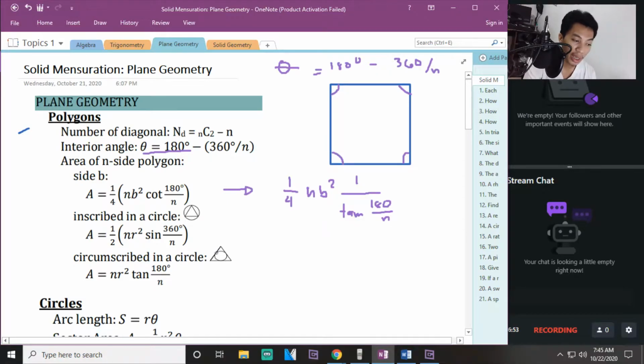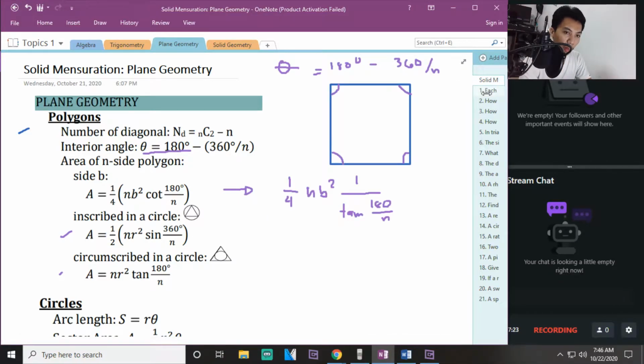Circumscribe in a circle, ibig sabihin, nasa labas ng circle yung iyong polygon. So, that is, yung area niya, 1/2 NR squared sine 360 over N. Ngayon naman, ito, NR squared tan 180 over N. So, si NR lang tatandaan mo. So, NB squared cotangent 180 over N. So, let us move on.